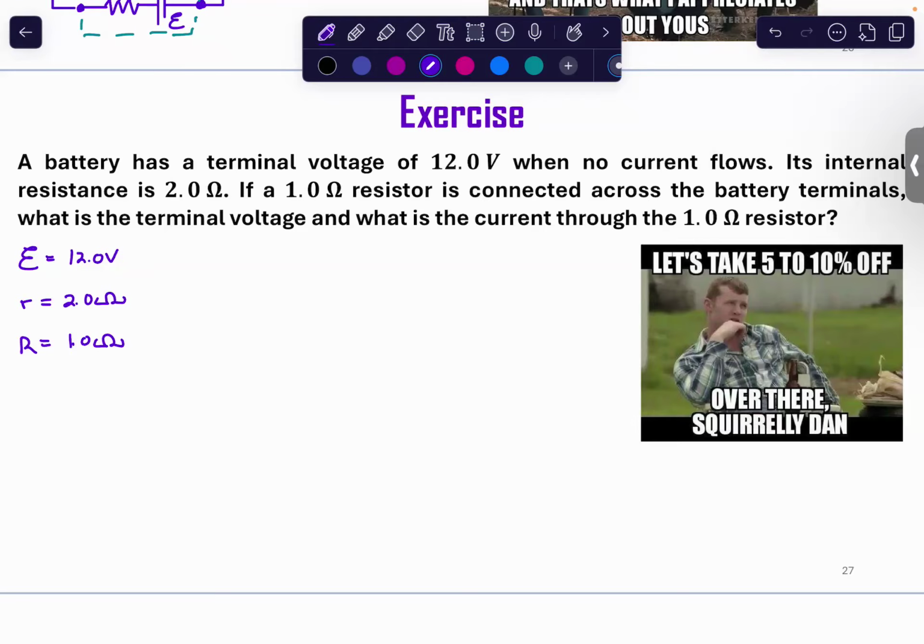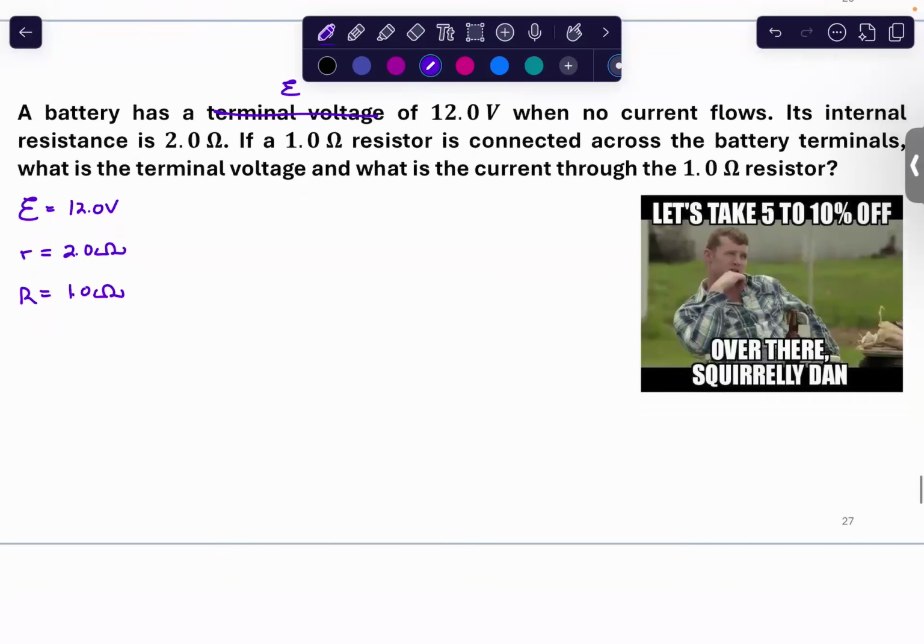I didn't notice that the textbook wrote this wrong. It says 2 things for terminal voltage, so we're just going to cross that out. Basically, what does the terminal voltage become when current is flowing? Because remember, we said that the voltage will decrease due to internal resistance of the battery when a current is flowing. So we have a couple of equations we can use.